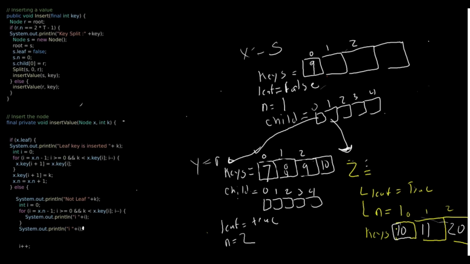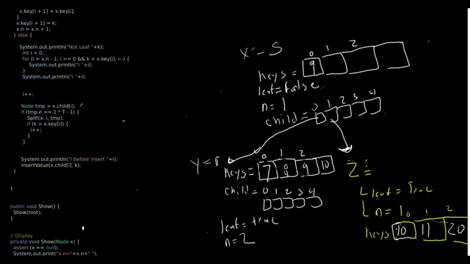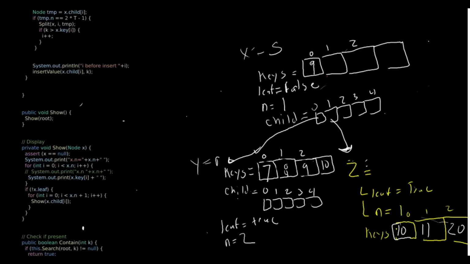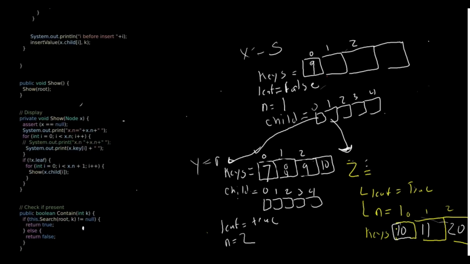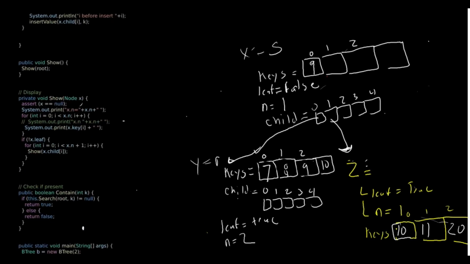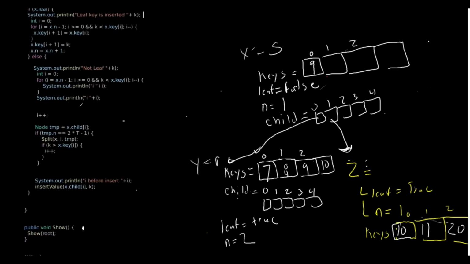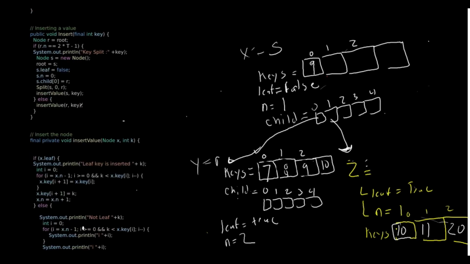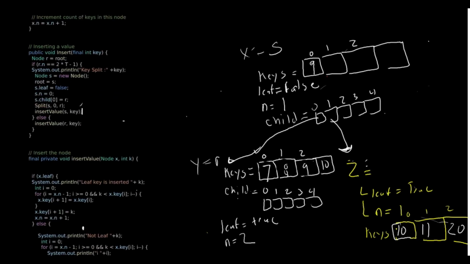And then we just insert 20. We don't need to do any shifting because 20 is greater than 10 and 11. Okay, we just put 20 here. All right, and the fun happens when we do the insertion of 17.